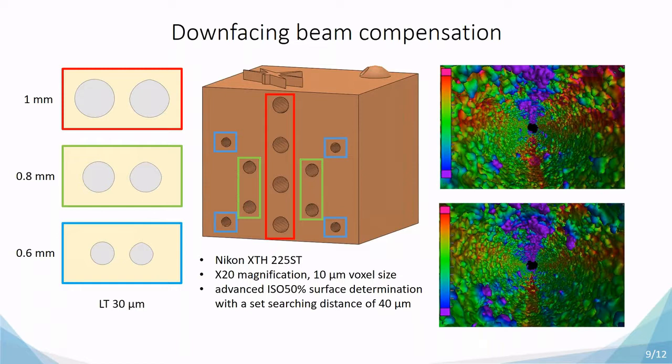So this study is just assessing the range up to 25 degrees. Below 25 degrees, it's more of an overhanging structure rather than just a downfacing structure. So there are all the issues involving powder, drosses and powder sintering, etc., which will be assessed later.